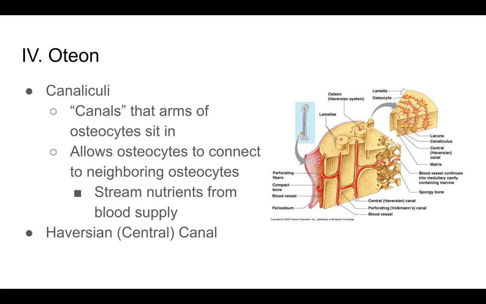Now, the main blood supply exists in this hollow center of an osteon, and that is called a haversian or central canal. Remember, osteons are these columns, and every single osteon has its own artery in the middle of it.